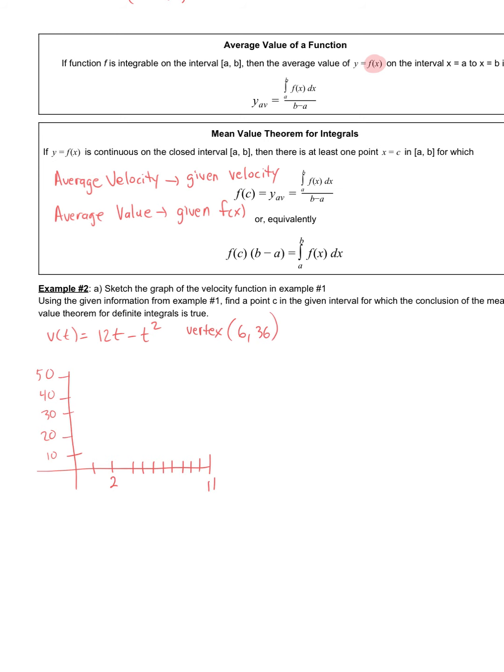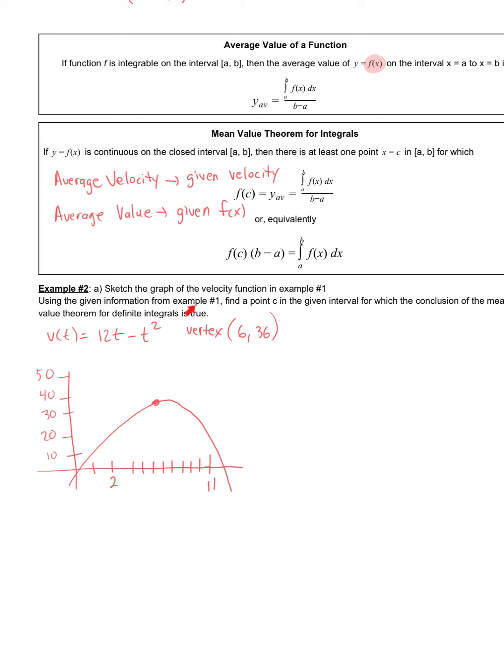So if we go over 6 and go up to about 36, it's about right there. It doesn't have to be anything perfect. This comes and crosses over here somewhere, and this crosses somewhere on the other side of 11. I'm just looking at a general picture of the graph.